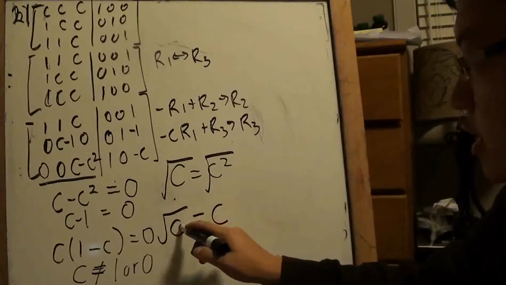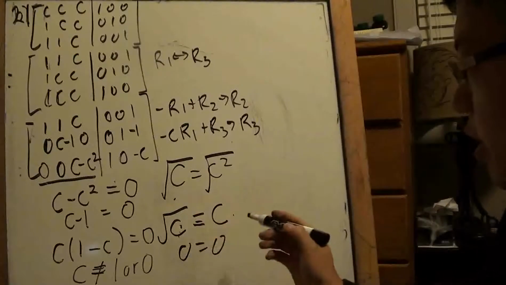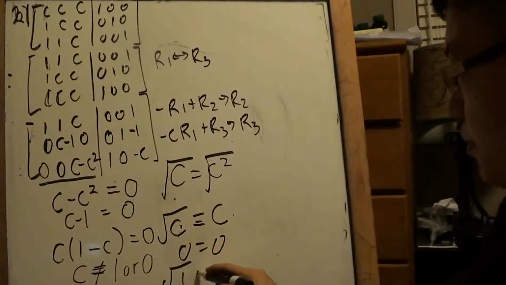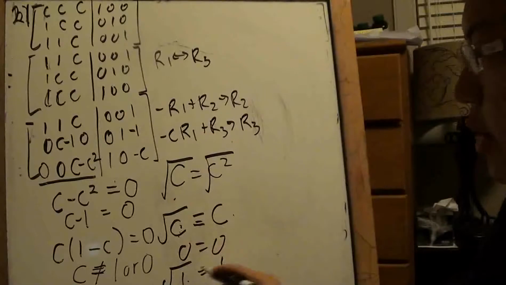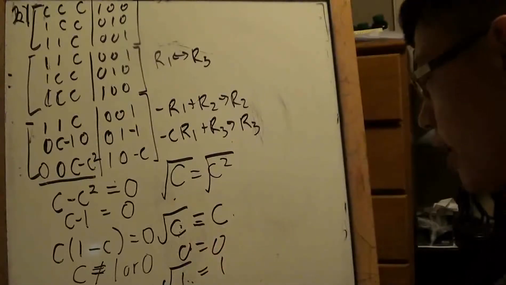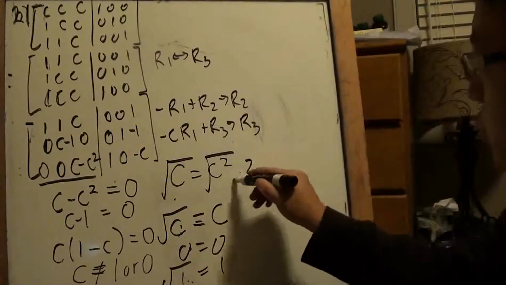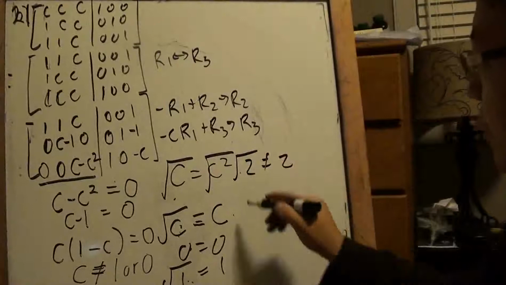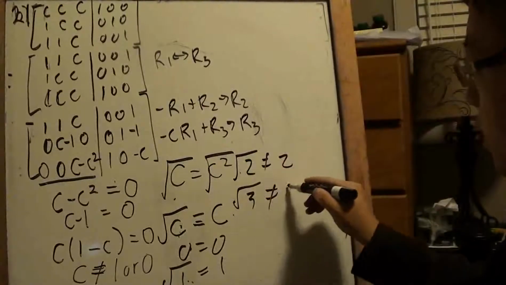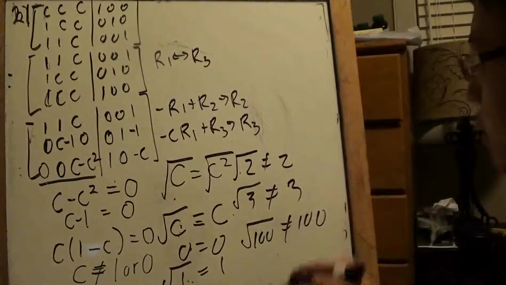If c is 0, square root of 0 is 0, so 0 will work. If I put 1, it will work, because square root of 1 is 1, right? Now, apart from 0 and 1, what are the other possibilities? Let's say we put 2. This will never happen.